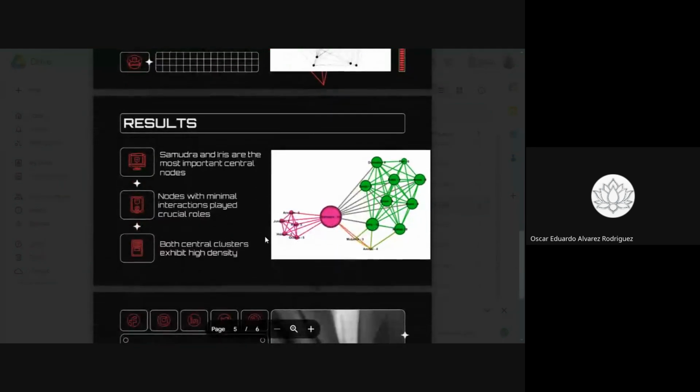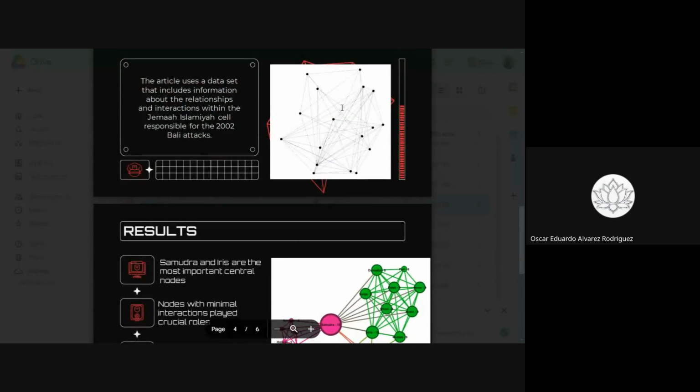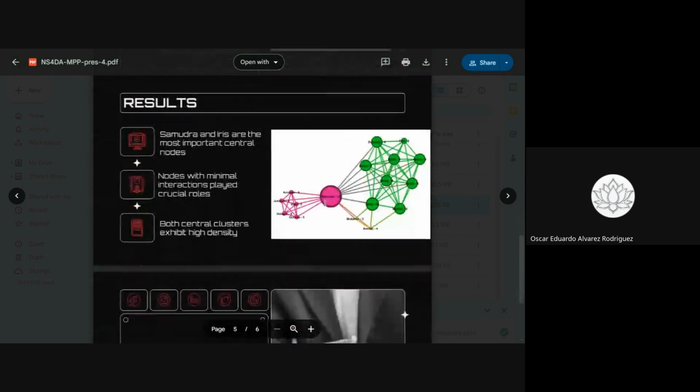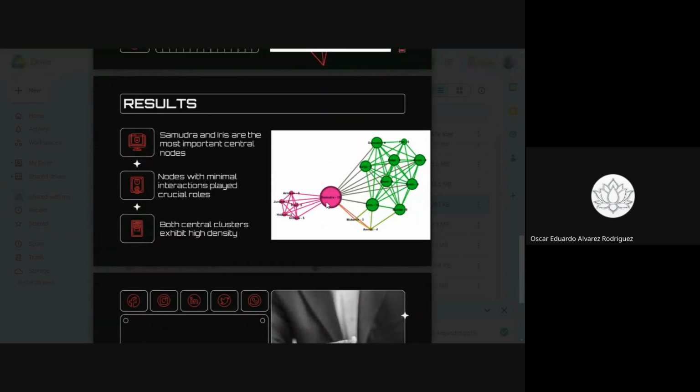Okay, on the right is the representation of the initial matrix graph, and the results. On the right is the same graph from the previous slide, but processed with Gephi. We processed it, and it is equal to what is presented in the article, hence the results are the same.